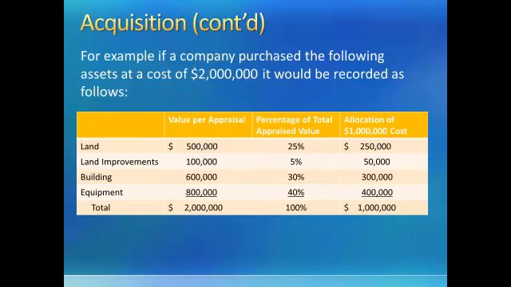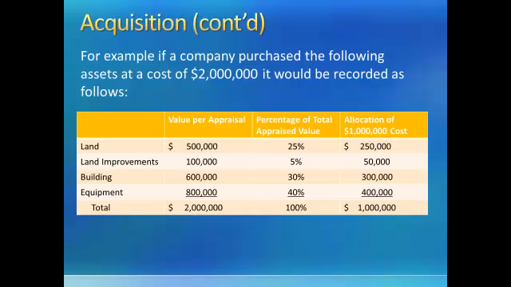So we will allocate 25% of the purchase price to the cost of the land, 5% of the purchase price to the cost of the land improvements, 30% to the building, and then 40% to the equipment. So we're allocating the total cost of the acquisition to the individual parts.